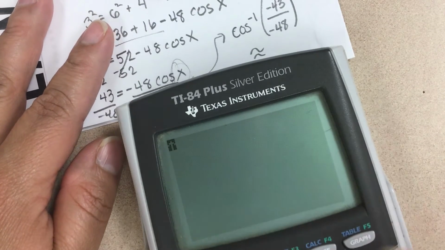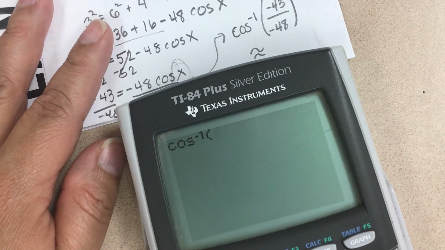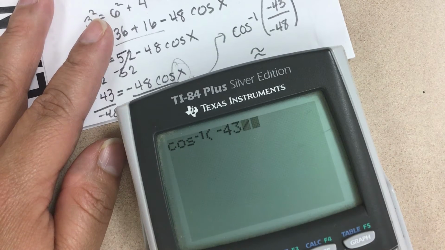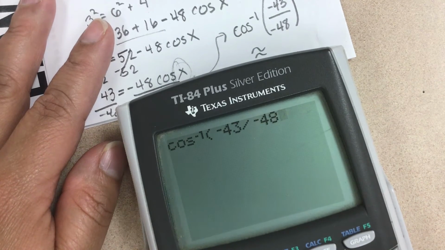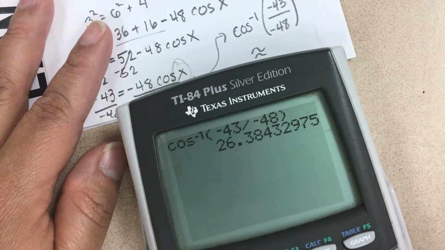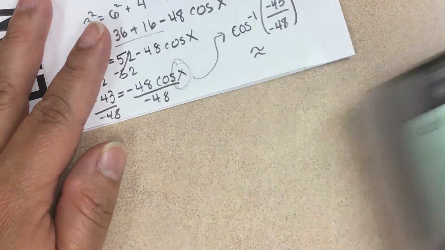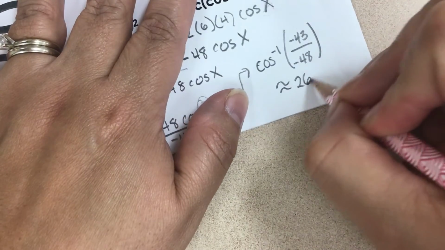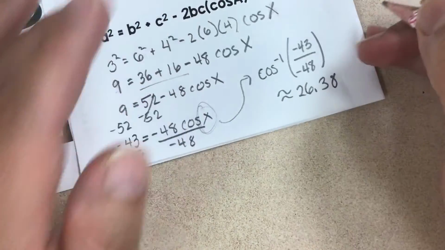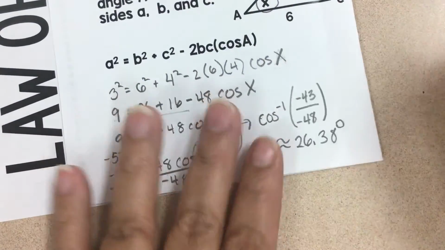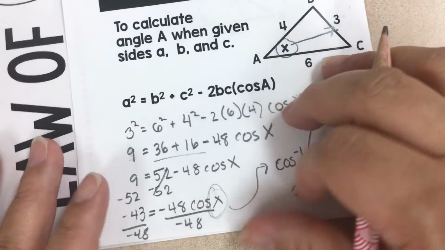So inverse cosine of negative 43 divided by negative 48, close those parentheses, 26.38 is the approximate value of the angle that we're looking for.